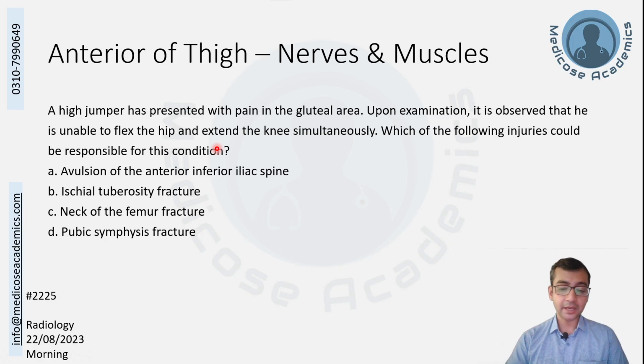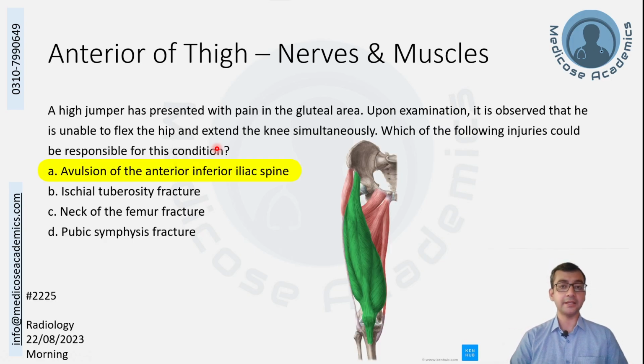Rectus femoris at its proximal end is attached to the anterior inferior iliac spine. So at this point it is damaged, it is avulsed from it. The loss of the origin point will render the muscle useless because it cannot pull the lower end up.